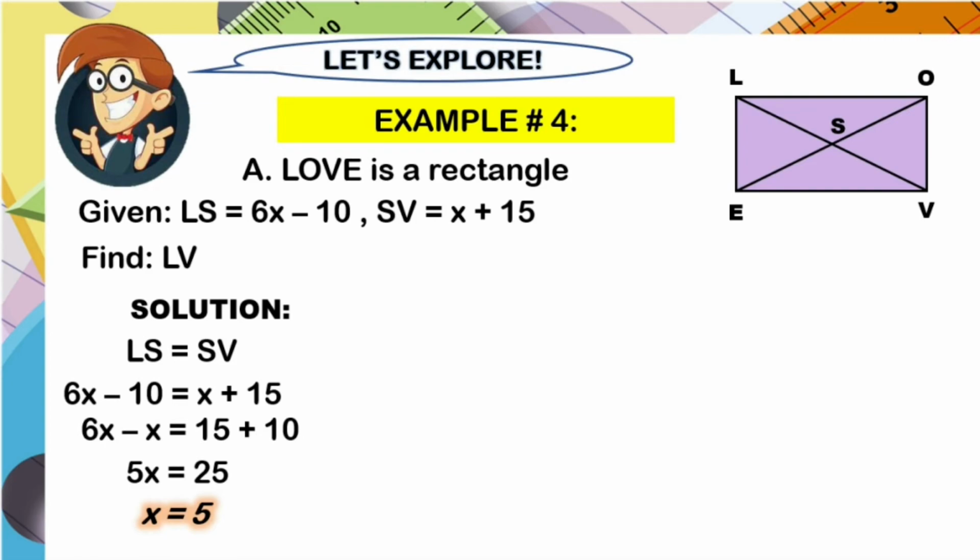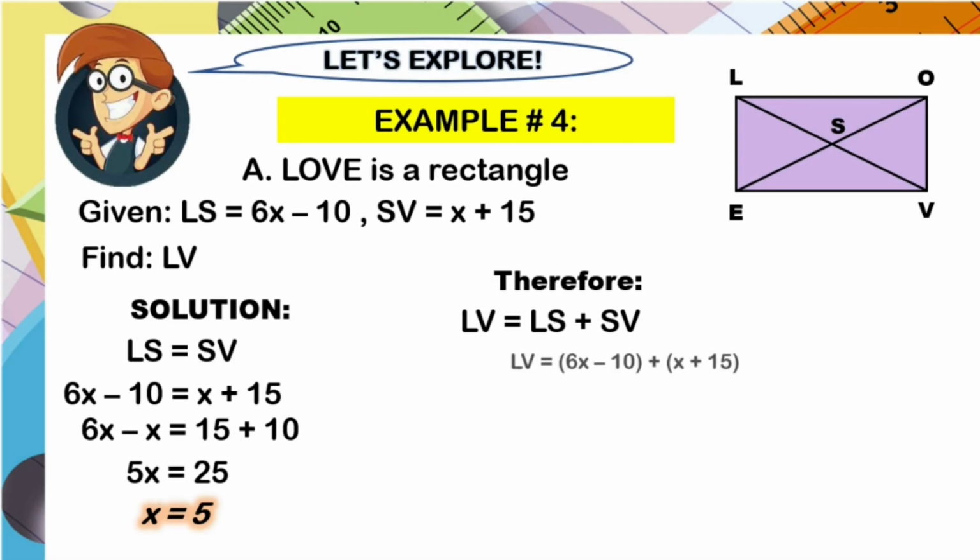To solve for the measure of diagonal LB, we use the equation LB is equals to LS plus SB. Substituting the value of LS and SB to the equation, we have LB is equals to 6x minus 10 plus x plus 15.